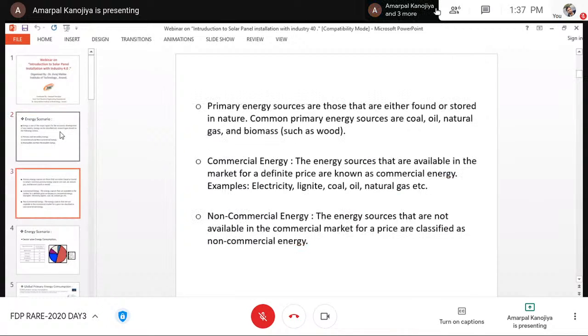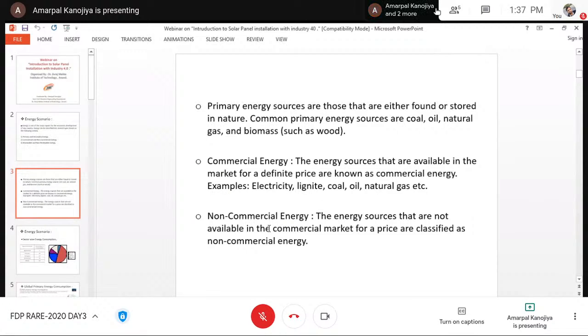Primary energy sources are those that are either found or stored in nature. Commonly, primary energy sources are coal, oil, natural gas, and biomass. Commercial energy, like petroleum, is the type of energy source available in the market for a definite price, like electricity, coal, oil, natural gas, etc.